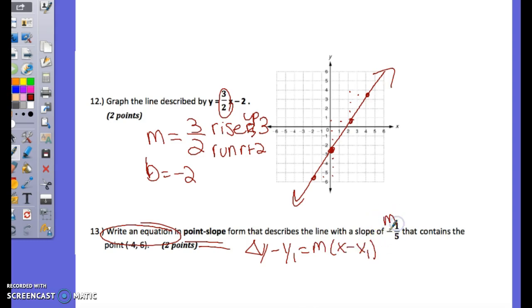So I have a slope, an x1, and a y1. So I would just make it y minus 6 equals m, which is negative 1/5, times x minus a negative 4, sorry, my pro board's acting goofy, so it becomes x plus 4.